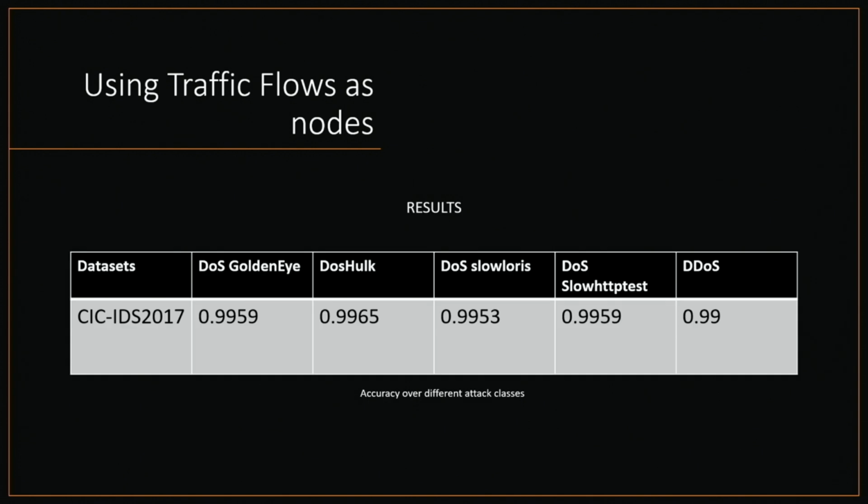And again, this result is from a different paper where they used the approach I showed you in the last slide, and they actually classified, I think, 5 different kinds of attacks over here, and their performance was pretty good.